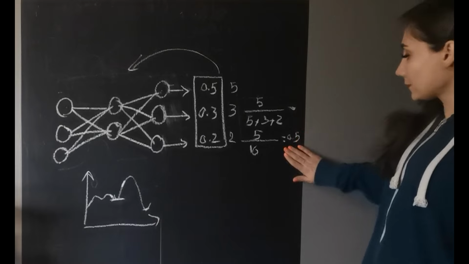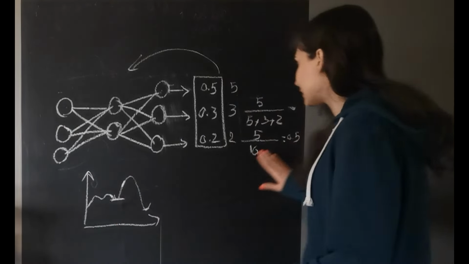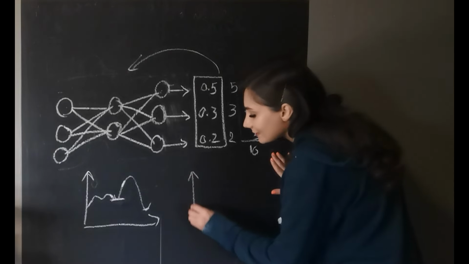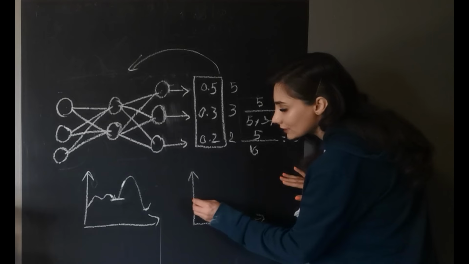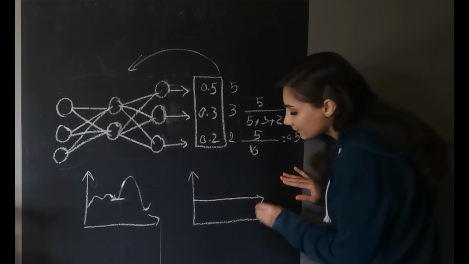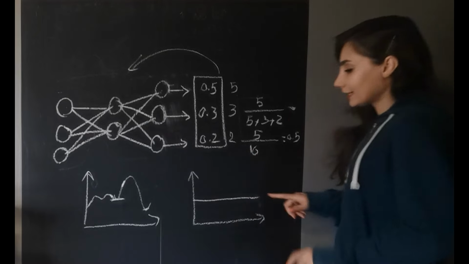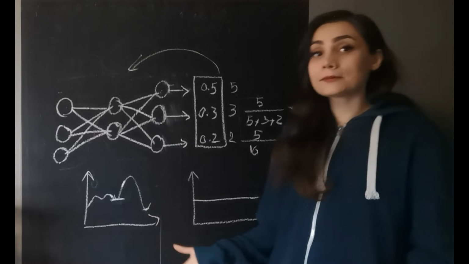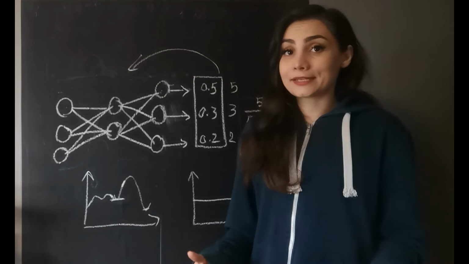So what is the problem with this? As we talked about, flat lines are not good. But when you want to plot something like this, you're going to get a flat line. And what is the problem with a flat line? A flat line means that no learning is happening.